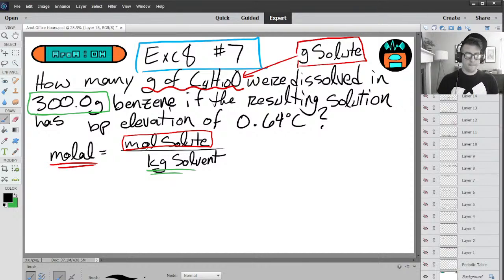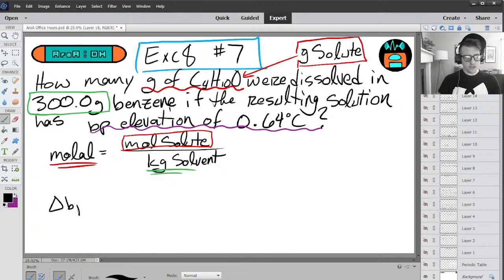Now, we were told that it has a boiling point elevation of 0.64 degrees.